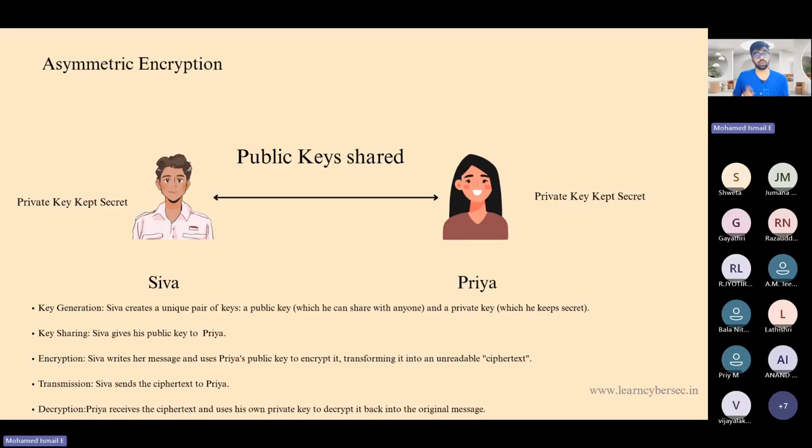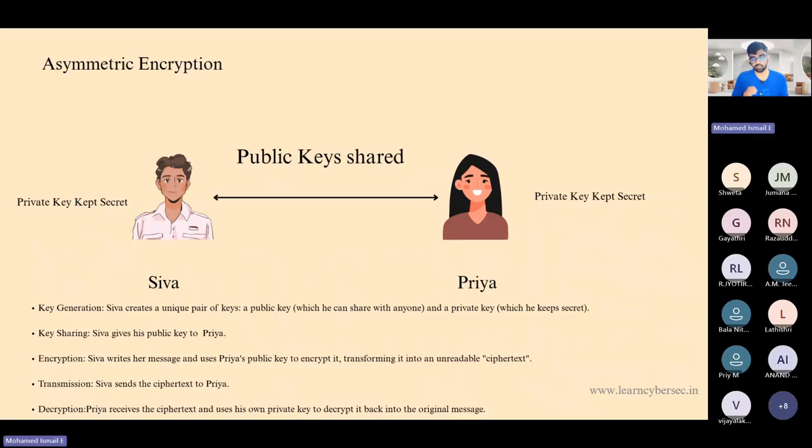Now Siva wants to talk to Priya in an encrypted way. What will Siva do? Siva takes Priya's public key, encrypts the plain text, and sends that encrypted text to Priya. Only Priya can decrypt using Priya's own private key.